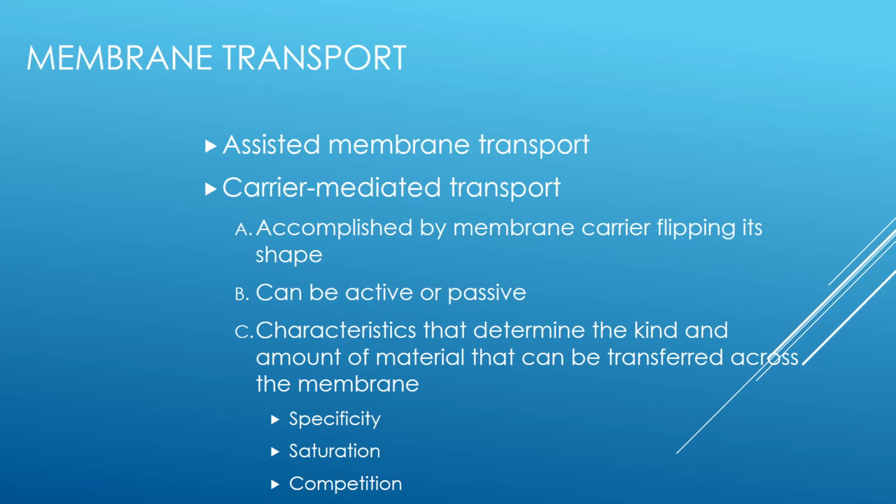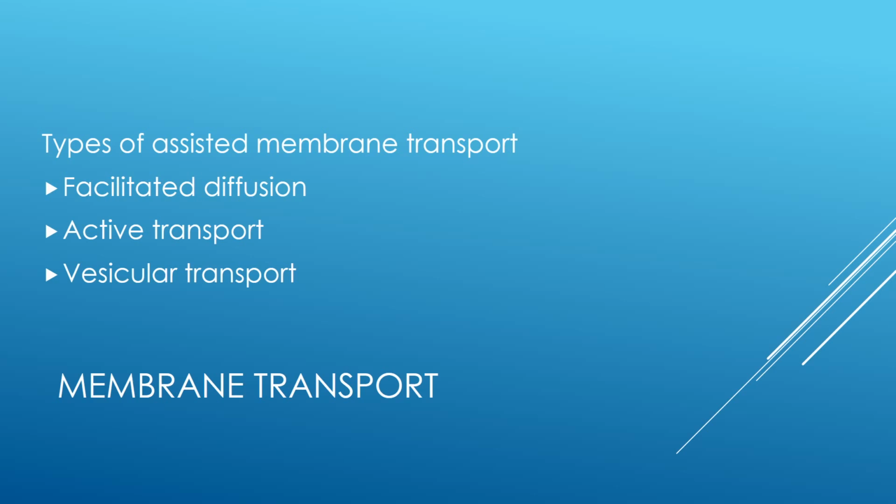There may be competition for similar carriers or molecules, and there might be saturation, where the number of carriers is limited no matter how many molecules are present. So the types that we have for assisted membrane transport include facilitated diffusion, active transport, and then vesicular transport.